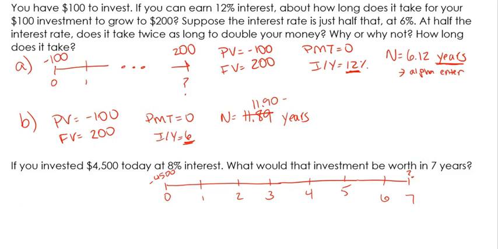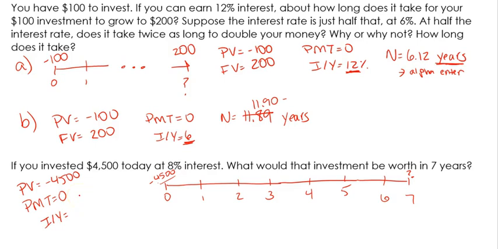So let's put this into our time value of money calculator. Our present value is a negative 4,500. We're wanting to solve for future value. Our payment is 0 because we have no recurring cash flows. We're making that initial $4,500 deposit and we're not adding to it throughout the period. Our discount rate is 8%.